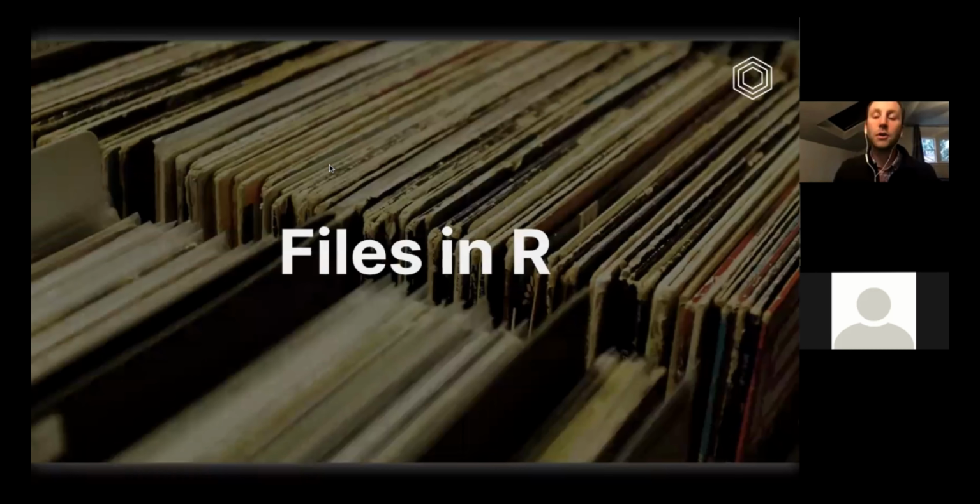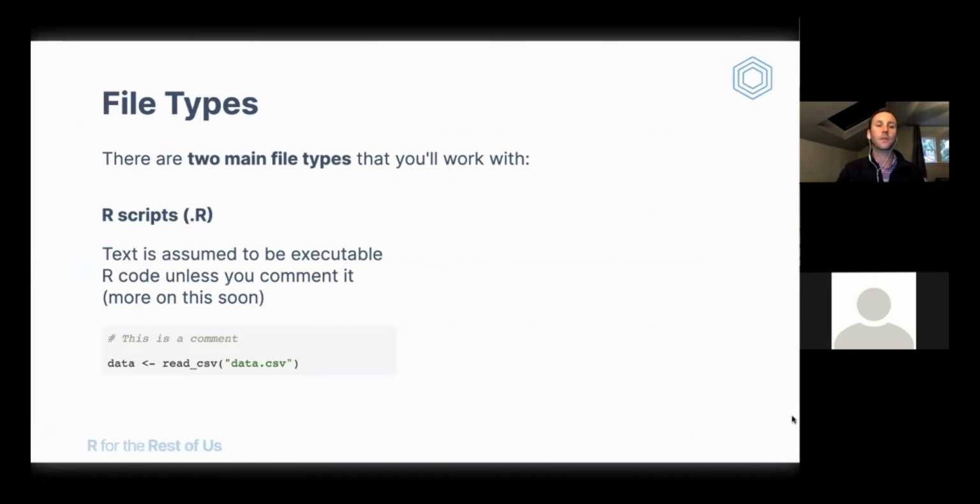So in terms of files in R, there are really two types of files primarily. There are R script files, and these have the .R extension. And with these, it's assumed that text that you write is R code, unless you comment it.